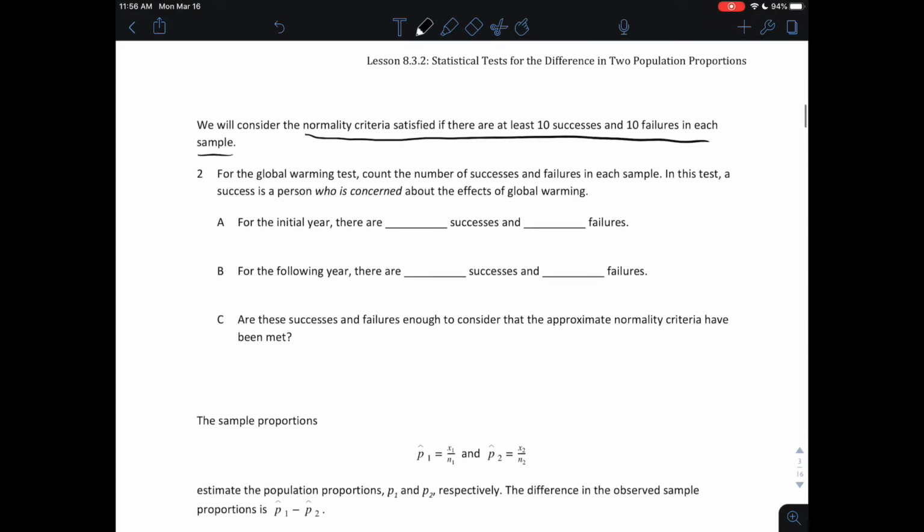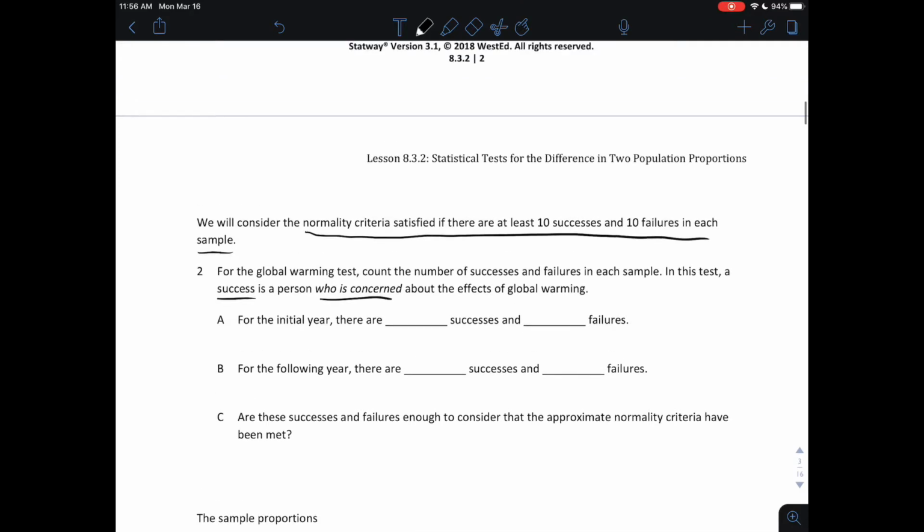Number 2, for the global warming test, count the number of successes and failures in each sample. In this test, a success is a person who is concerned about the effects of global warming. So part A, for the initial year, how many successes were there? So how many people were concerned about the effects of global warming?